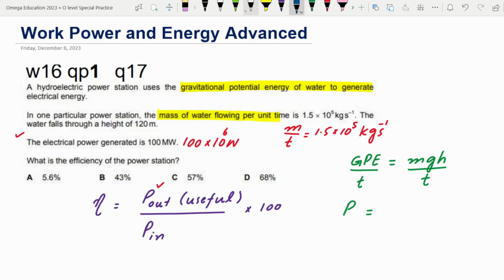Now what do we have from the data? Do we have the value for g, which is 9.81? We don't even need that in the question. Do we have the value for height? Yes, water falls through a height of 120 meters. Do we have the value for mass and the value for time?